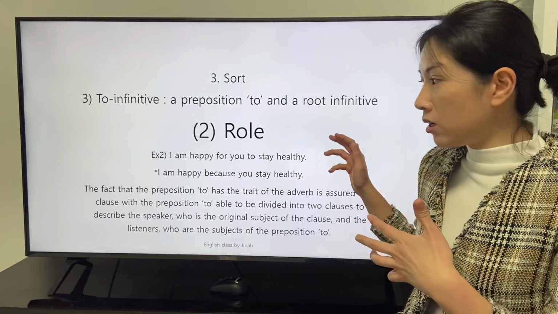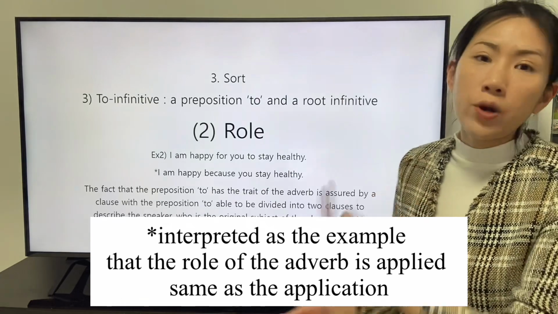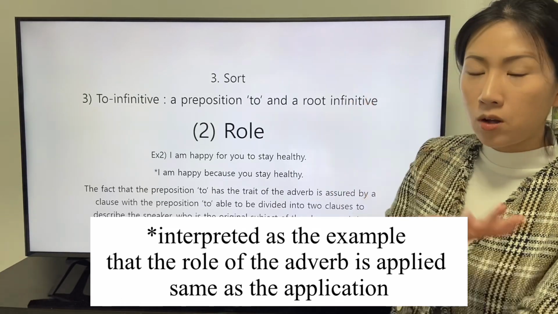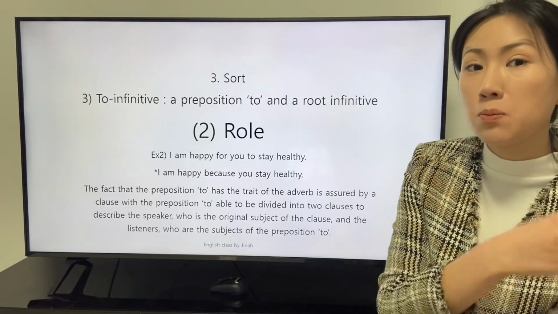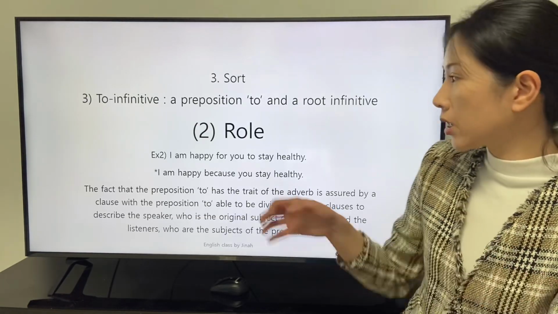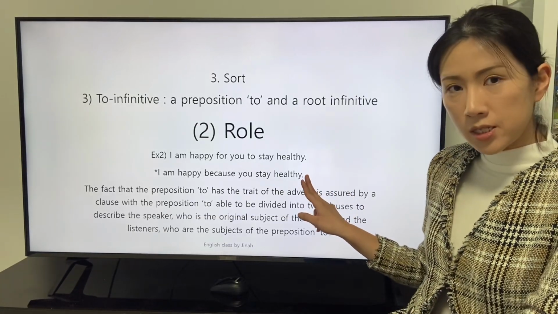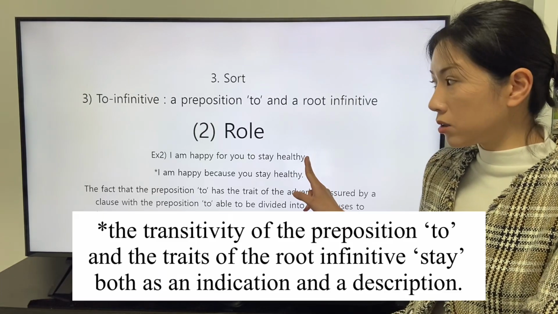This phenomenon is the application of the past participle, eaten. Two clauses originate from the clause.